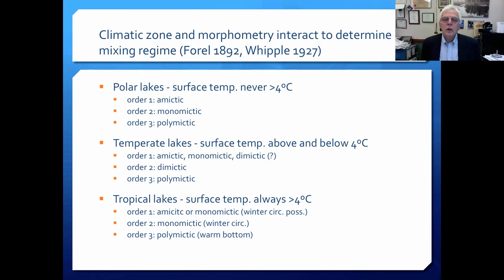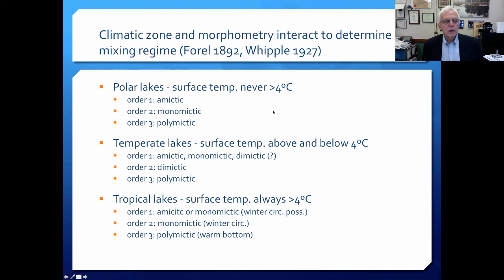So climatic zone and morphometry interact to determine mixing regime, and we will review this when we talk about thermal mixing. But we generally find about three kinds of climate zones, and those would be polar, temperate, and tropical. Much of the limnology in the world has been done on temperate zone lakes, the middle category.